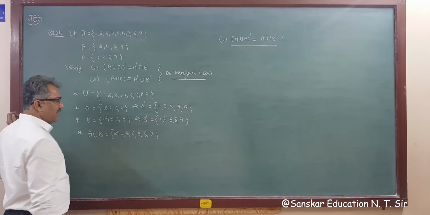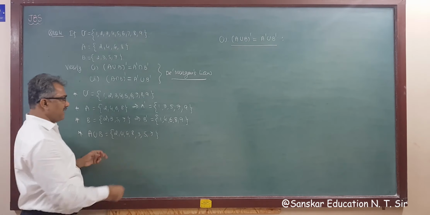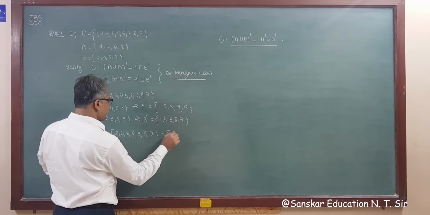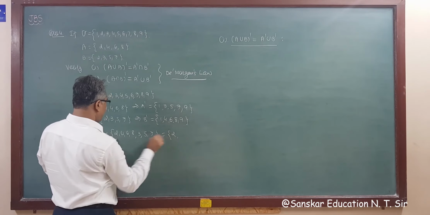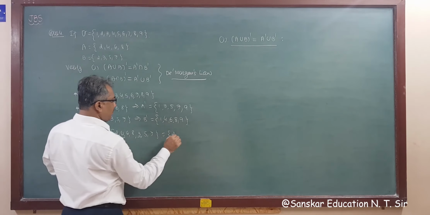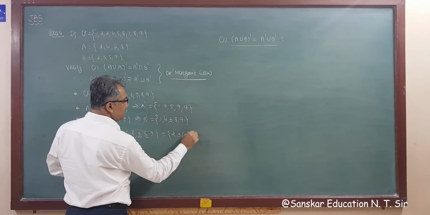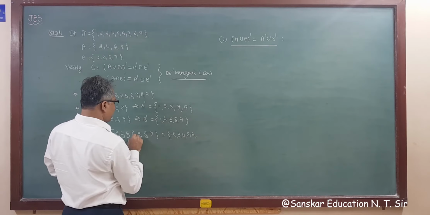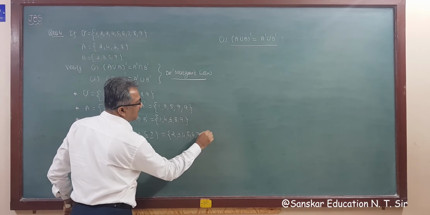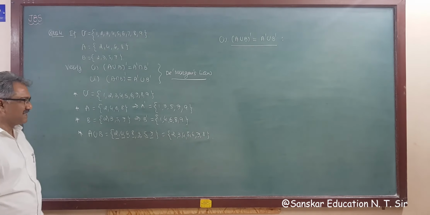So this is your A union B. If you want to write it in order, then this is 2, 3, 4, 5, 6, 7 and 8. So all elements are in order.